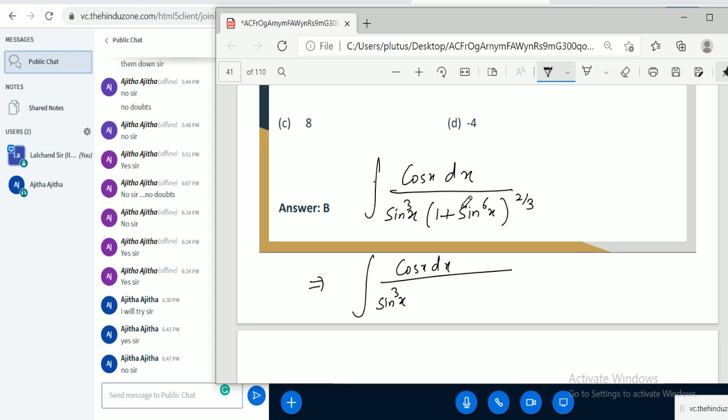If we take sin 6x as common, then we have sin 4x outside, and this term will be 1 upon (sin 6x plus 1) to the power 2 by 3, isn't it?